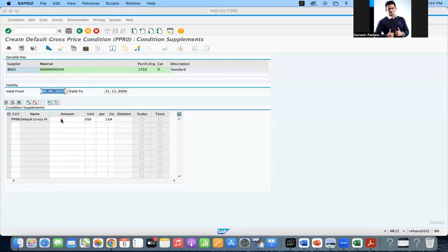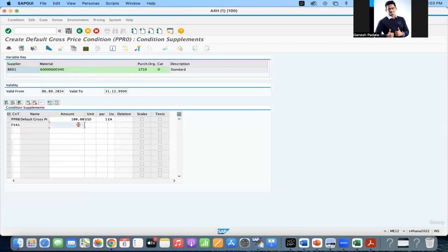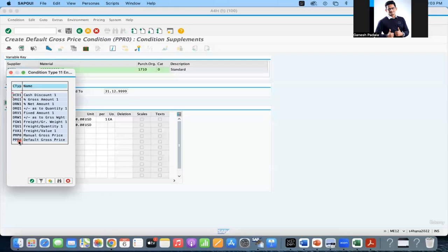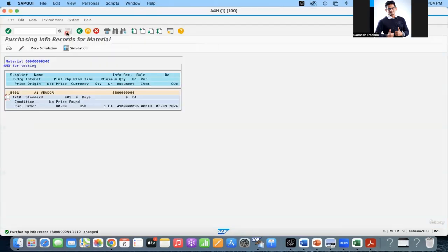So the default gross price is maintained as 100. Maybe freight value 20. Some fixed amount 10. Okay. We maintain these values in the info record.